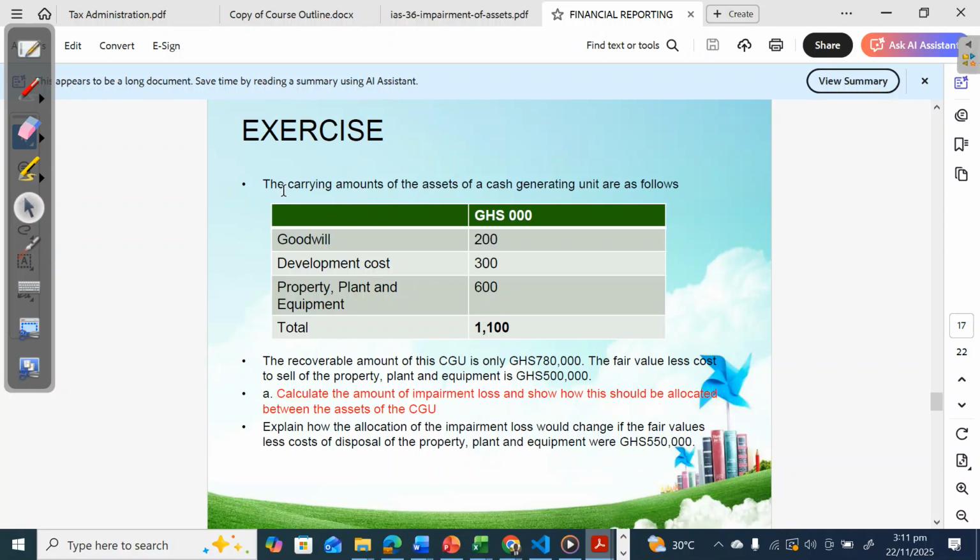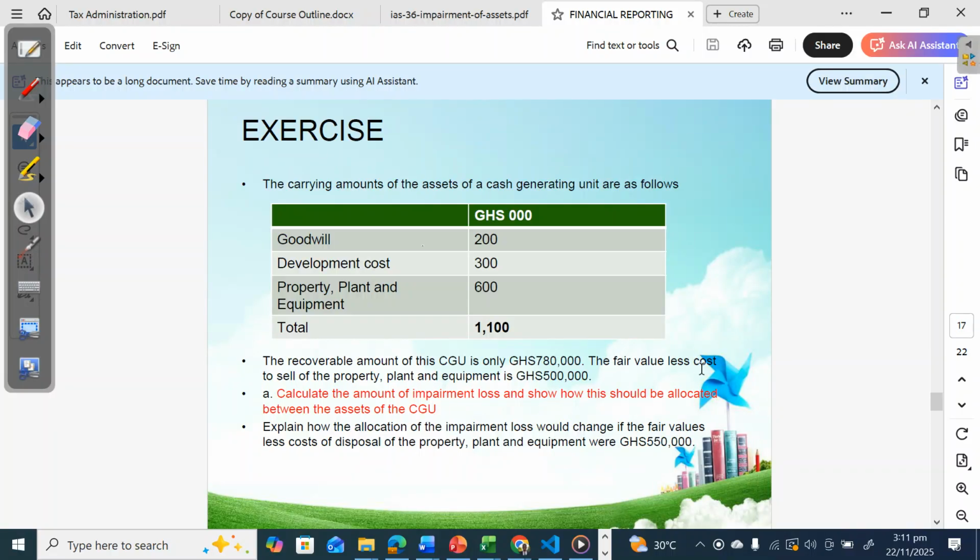Let's look at this. The carrying amounts of assets of a cash generating unit are as follows: goodwill 200, development cost 300, property, plant and equipment 600. The recoverable amount of this cash generating unit is only 780,000.